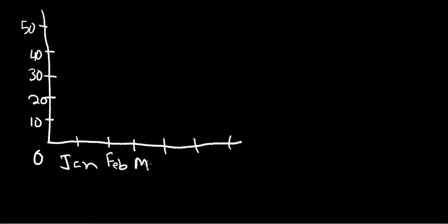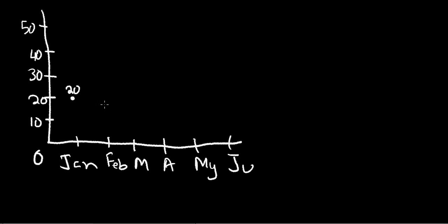So it's 10, 20, 30, 40, and 50, and 6 more on this side. So this is January, February, March, April, May, and June. And the graph goes like this. It starts from January around 20.